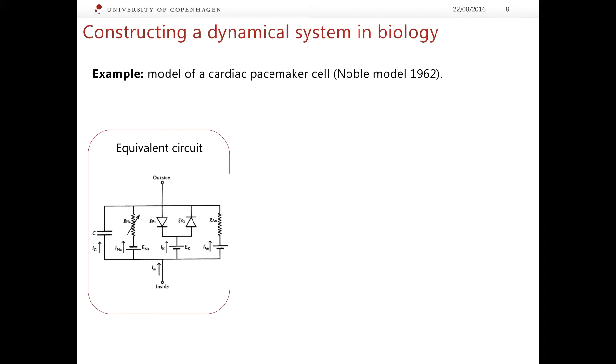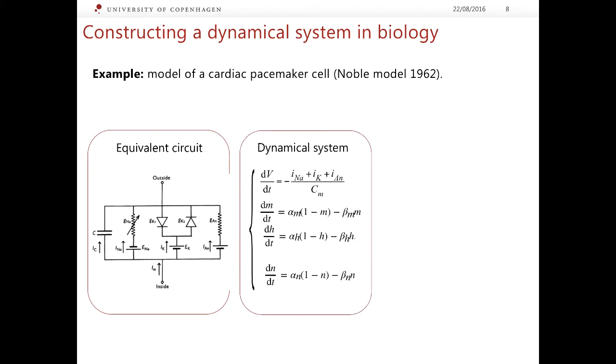For such a pacemaker cell, it is possible to construct the equivalent circuit, one simple example of which is shown in the left-hand side of the slide. Because this is just a standard electronic circuit, we can apply Kirchhoff laws and write down a system of ordinary differential equations of the first order describing the voltage V and some other variables involved.